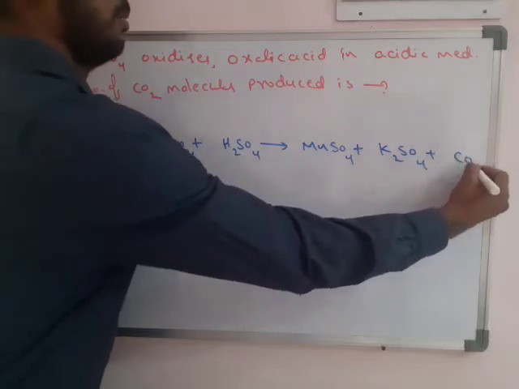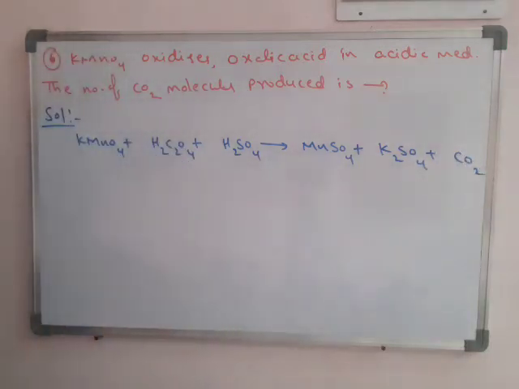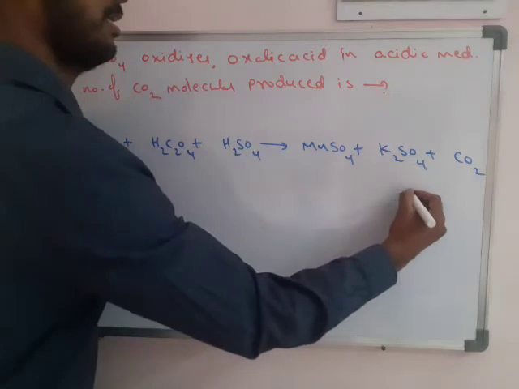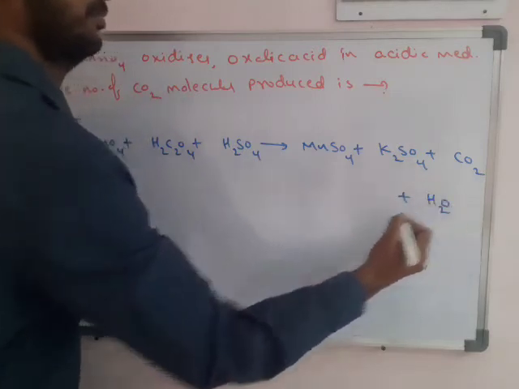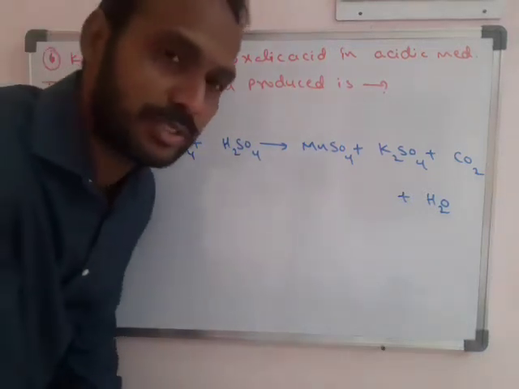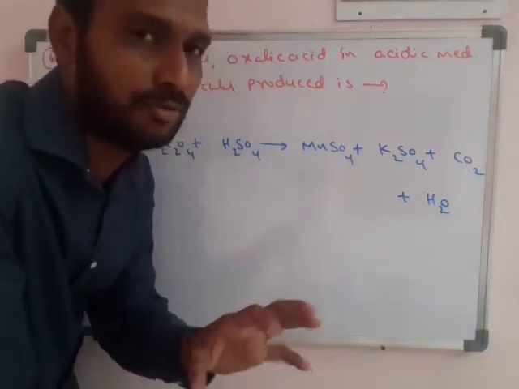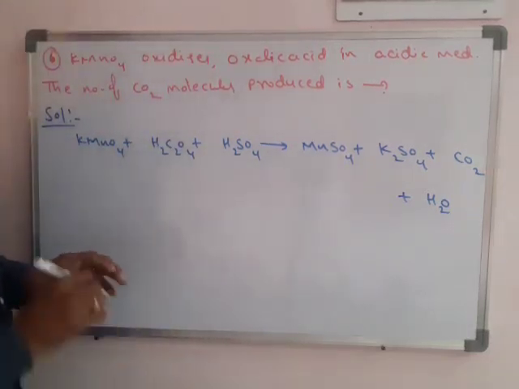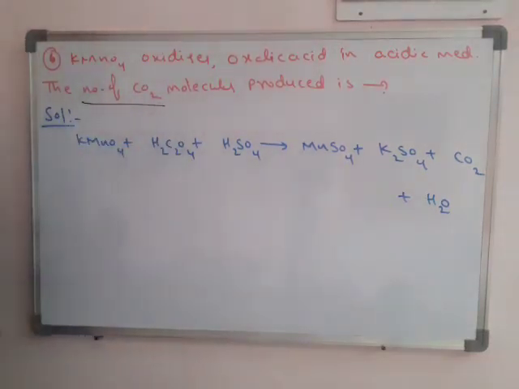Even in the problem it is given that it forms CO2 and also H2O. Just knowing oxidation and reduction is sufficient, but here we have to calculate the number of moles, and find the number of CO2.